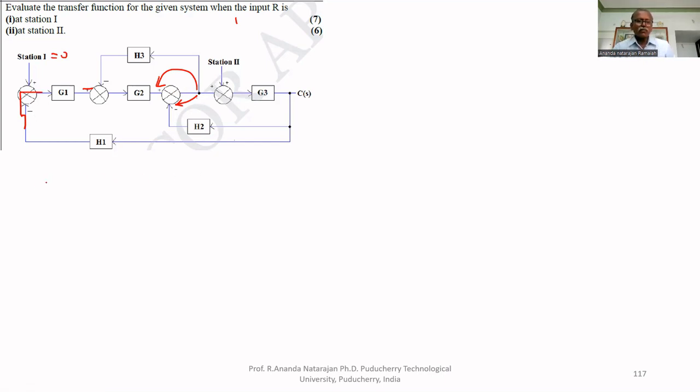So we can redraw this like this. G1 will be multiplied with H1, and this summing junction is here. G1, H1. This is G2.